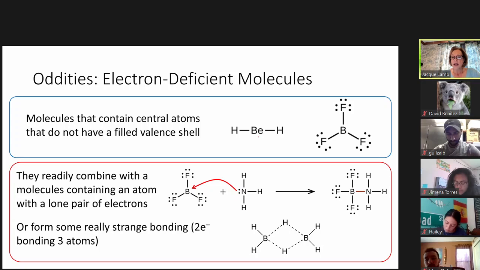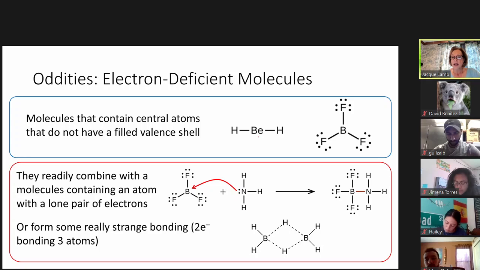That doesn't mean that it's not reactive, though. They are very reactive molecules, because the boron is electron deficient, without an octet. So when it comes in the neighborhood of a molecule like ammonia that has a lone pair of electrons, that electron density can actually form bonds with the boron.